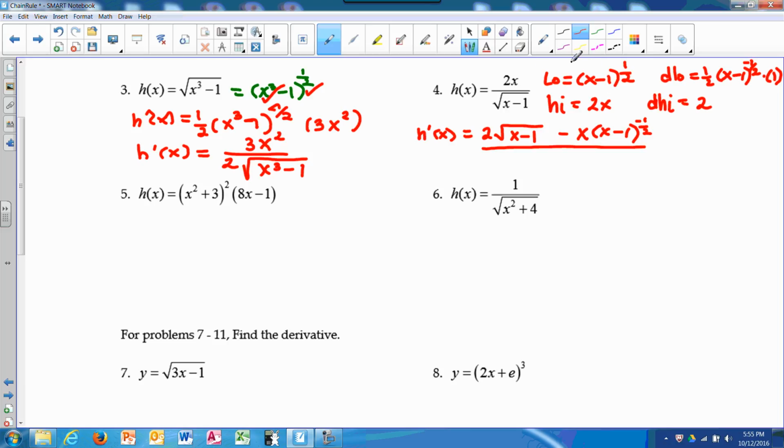So low d high minus high d low over the square of what was below. Now the square of the original low just cancels the square root, so I don't have a square root anymore, just have x minus 1.